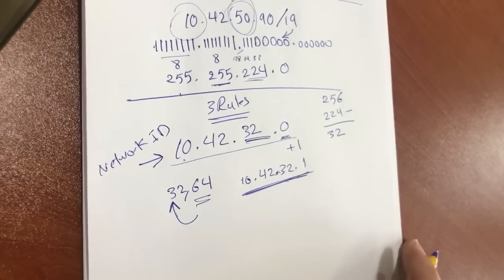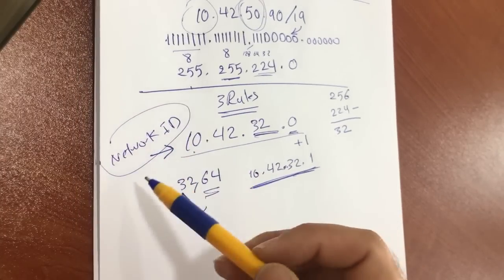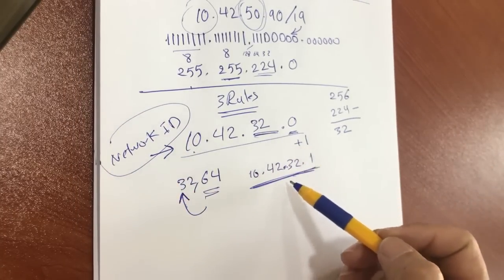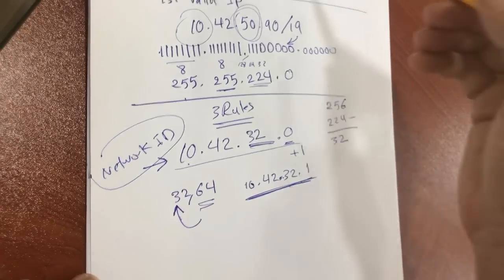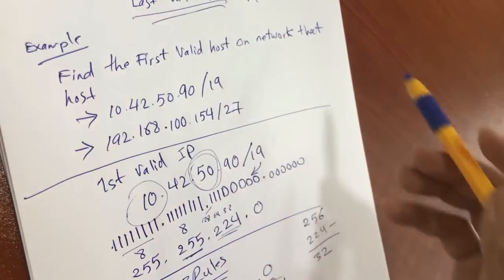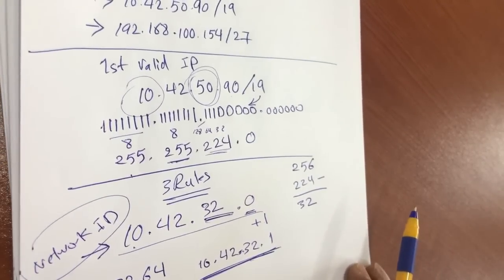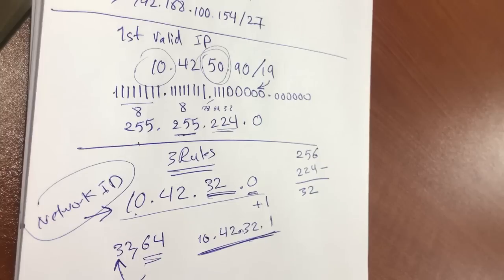To find the first valid IP address, we first find the network ID, and then plus 1 will be the first valid IP. And to find the last valid host IP, what we do, we find the broadcast ID, and then minus 1 will be the last valid host IP.